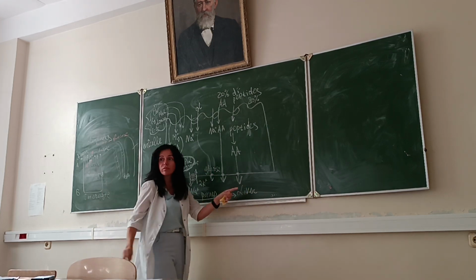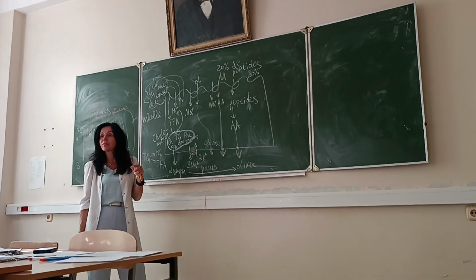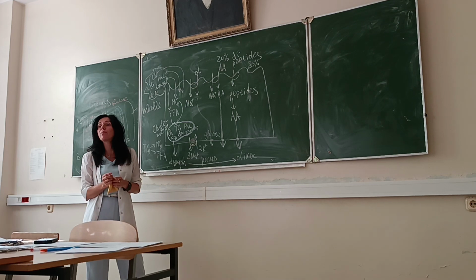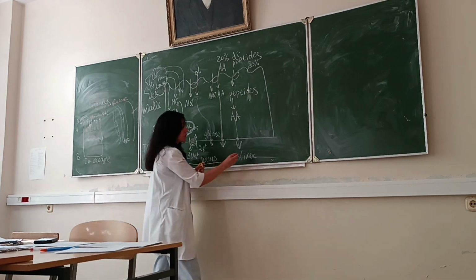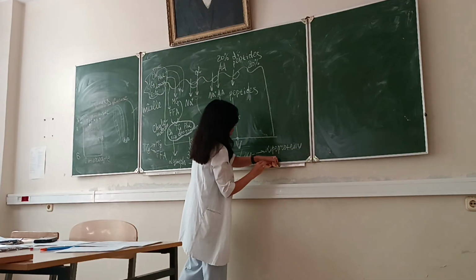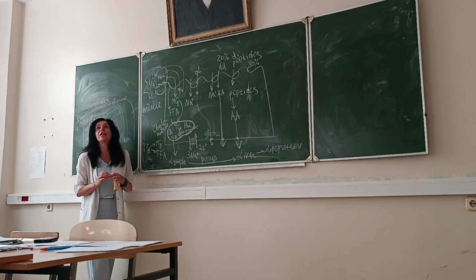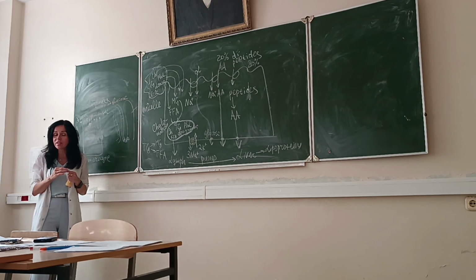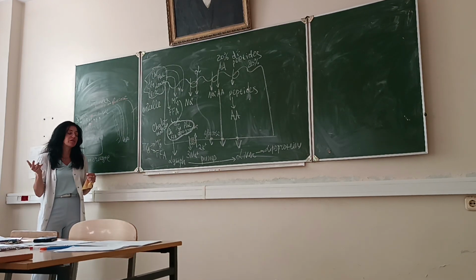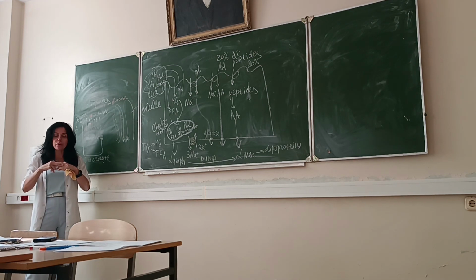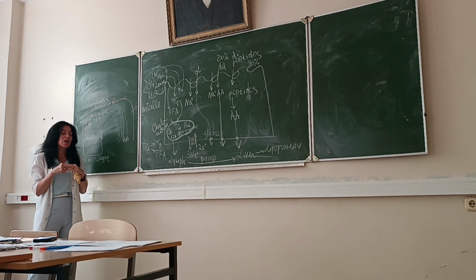What happens in the liver? It converts them to lipoproteins: HDL, high density, low density, very low density, and one between very low density and low density.